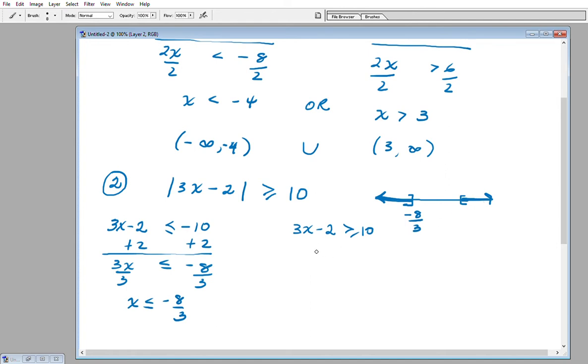Okay, add 2. And now divide by 3. So that's the right-hand side. Okay, so this goes down to minus infinity, this goes to infinity. Okay, this has an or in between. So we can write it like this.